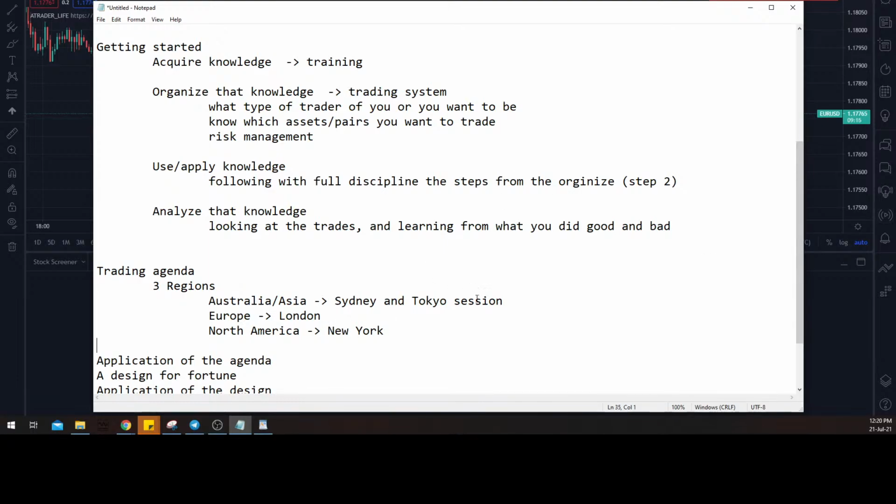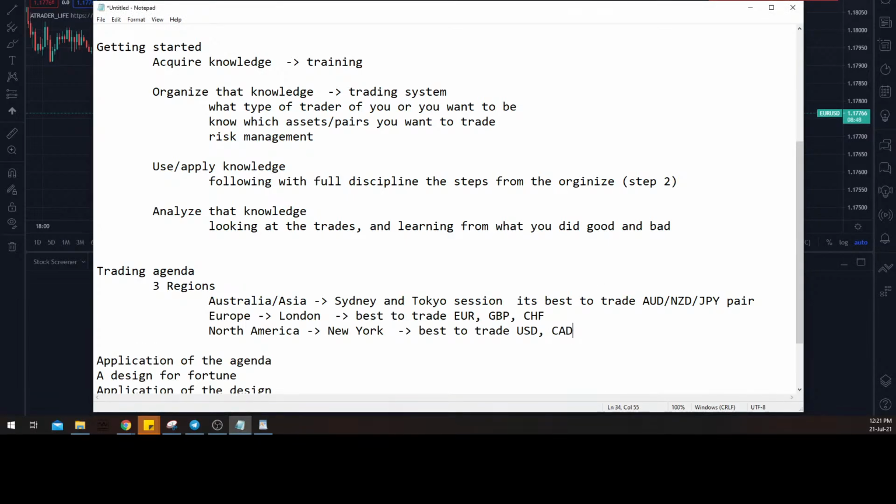For example, if you are in Australia, Asia, it's best to trade AUD, NZD, Japanese pairs. If you are in Europe, it's best to trade Euro, GBP or CHF. And if you are in New York, it's best to trade USD and Canadian. I want you to understand these initial rules.